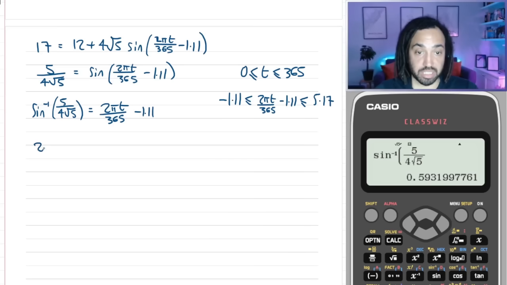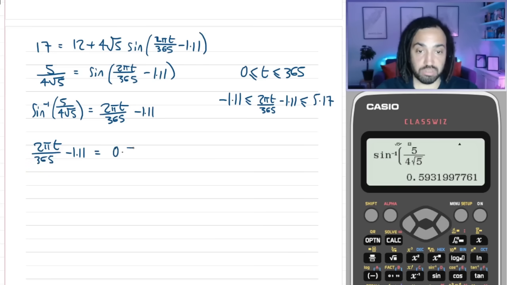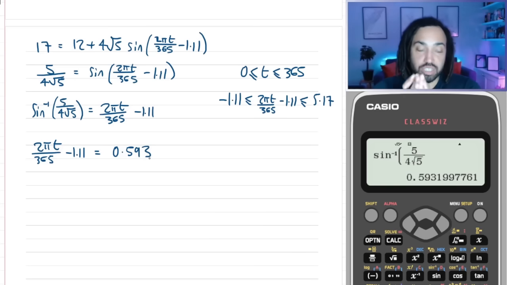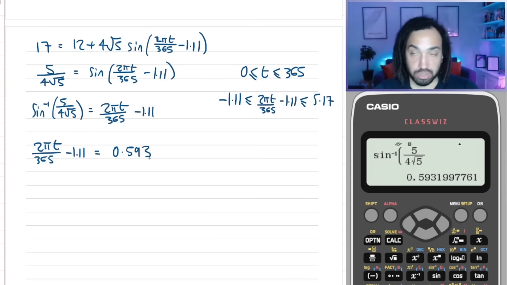So that means that 2 pi t over 365 minus 1.11 is equal to 0.593.